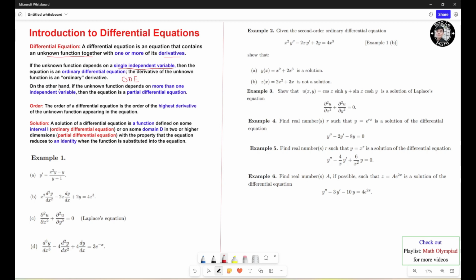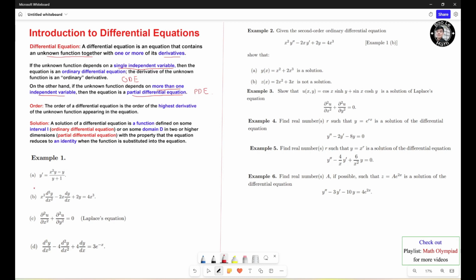On the other hand, if the unknown function depends on more than one independent variable, then the equation is a partial differential equation. We call this a PDE. ODE is going to be simpler than PDE. In other words, PDE is going to be more complicated to solve.